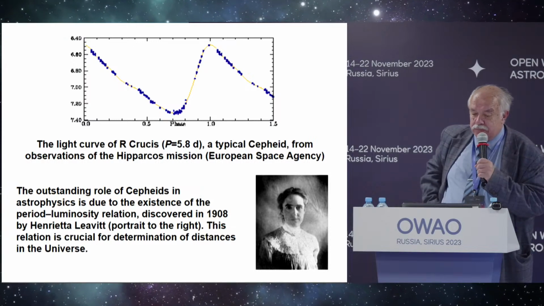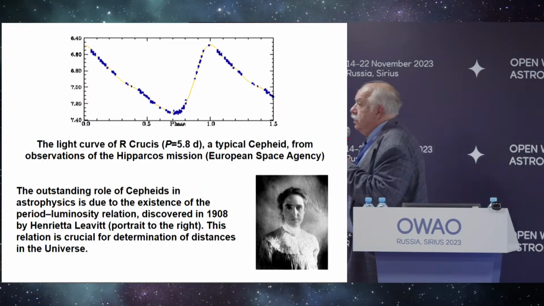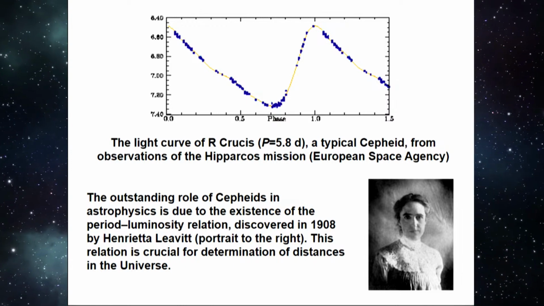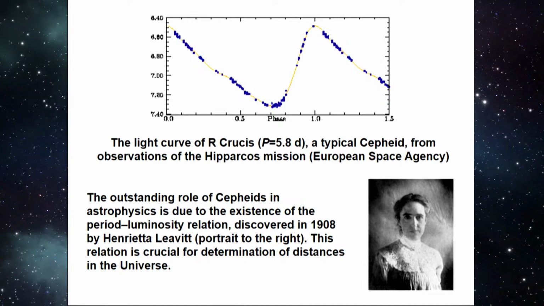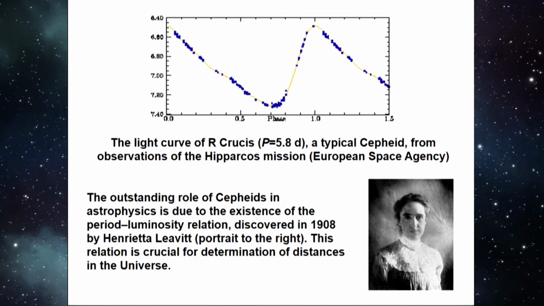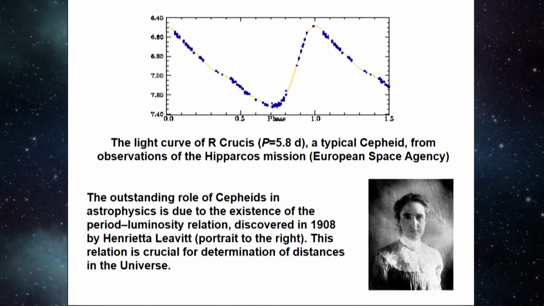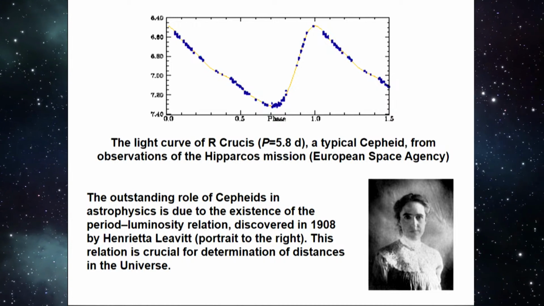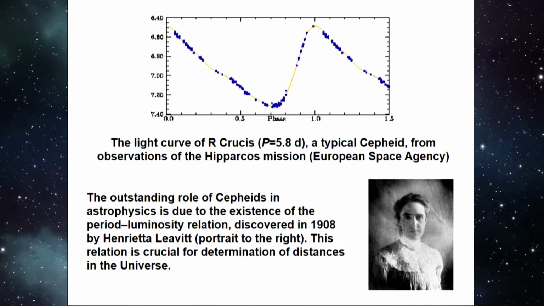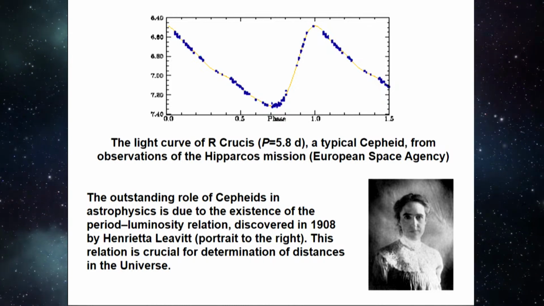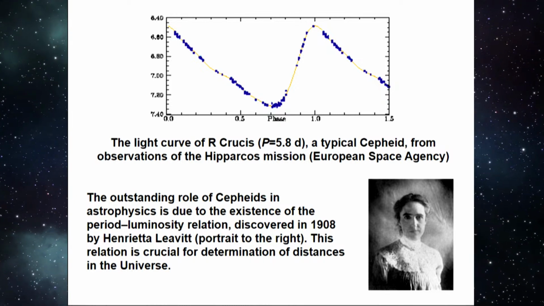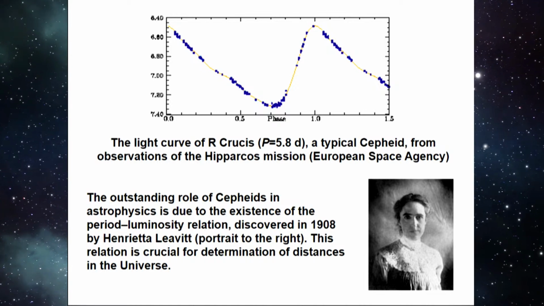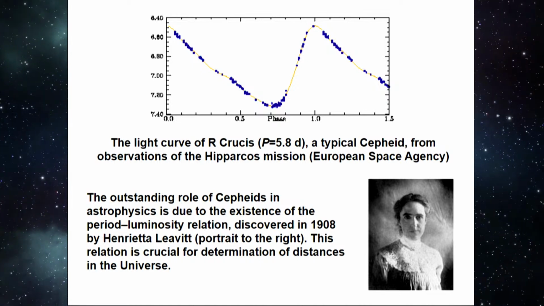Well, there are some types of variable stars more important to astronomy than others, and one of the most important types are classical Cepheids. Here I show you the light curve of a classical Cepheid with a period of 5.8 days. Why do we say that these stars are important for astronomy? If we find a Cepheid, it is easy from our observations to determine the period.